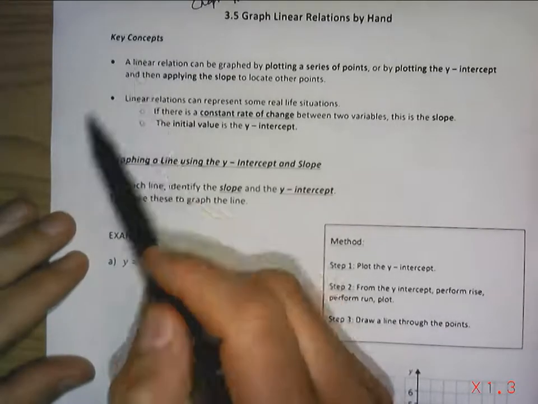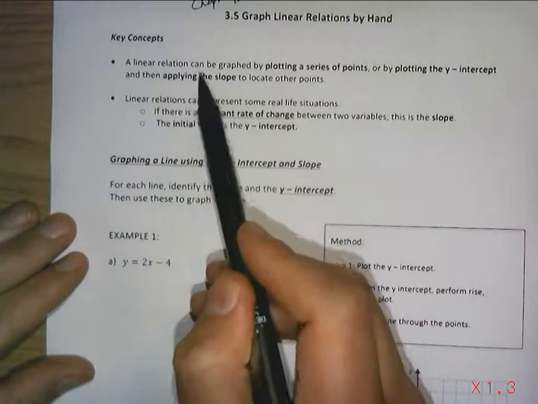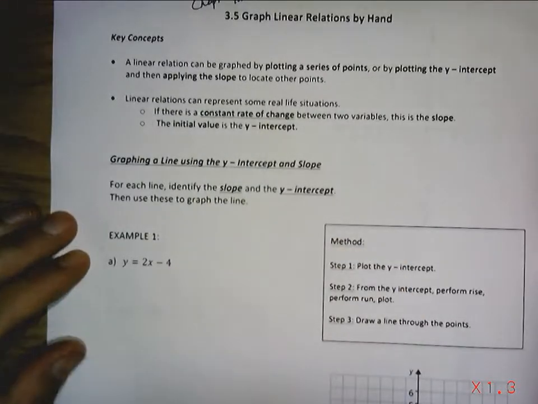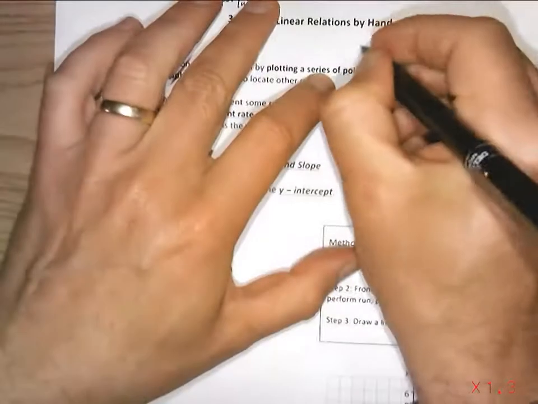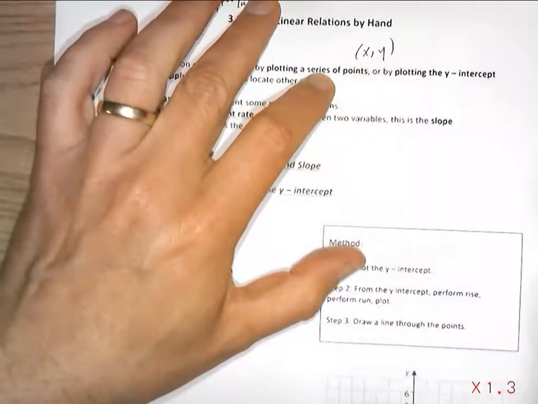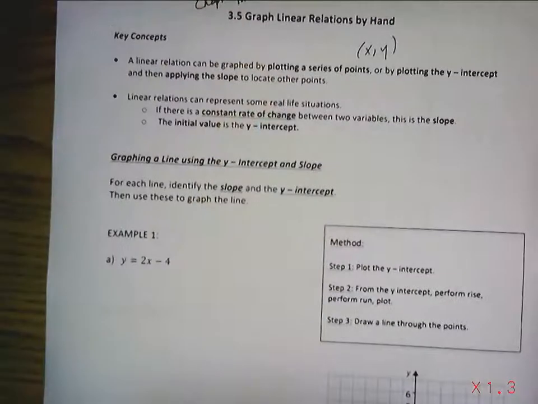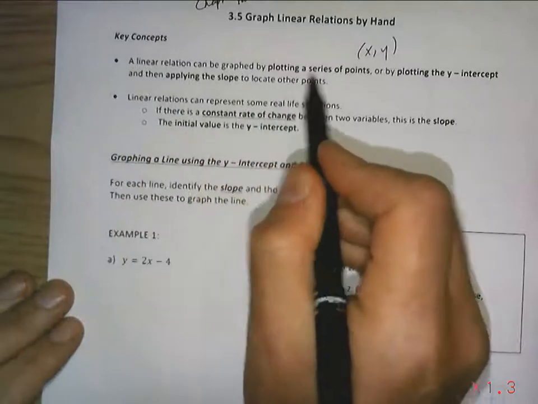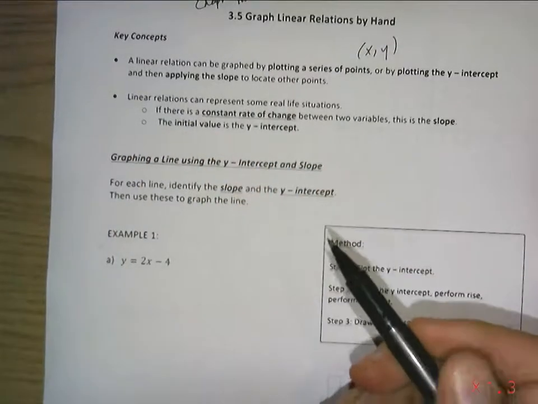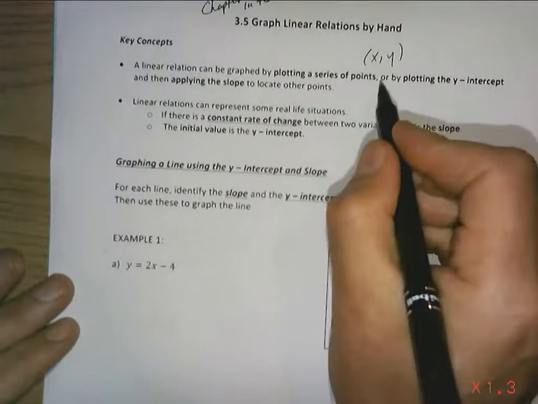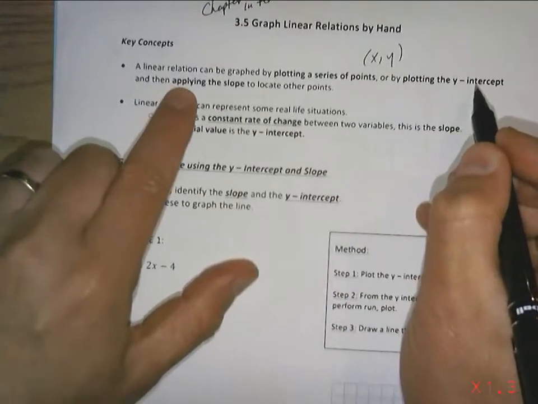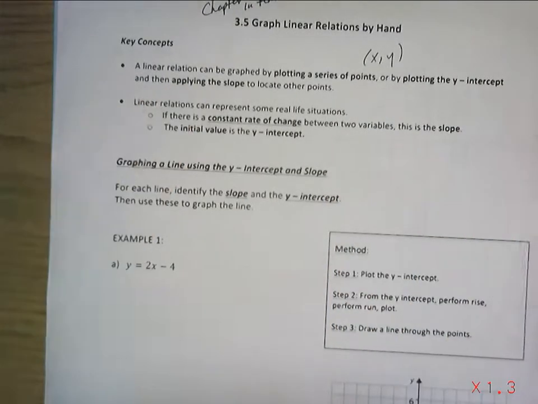So key concepts. A linear relation can be graphed by plotting a series of points. Now, a series of points, we should remember, are going to be in the form x comma y. Now, a linear equation can be graphed by plotting a series of points, all right, that makes sense, or by plotting the y-intercept and then applying the slope to locate other points.